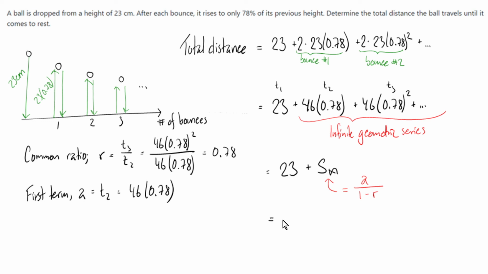So our total distance is going to be 23 plus a, which is 46 times 0.78, over 1 minus r, 1 minus 0.78. And if we evaluate this, we're going to get 186.1 centimeters.